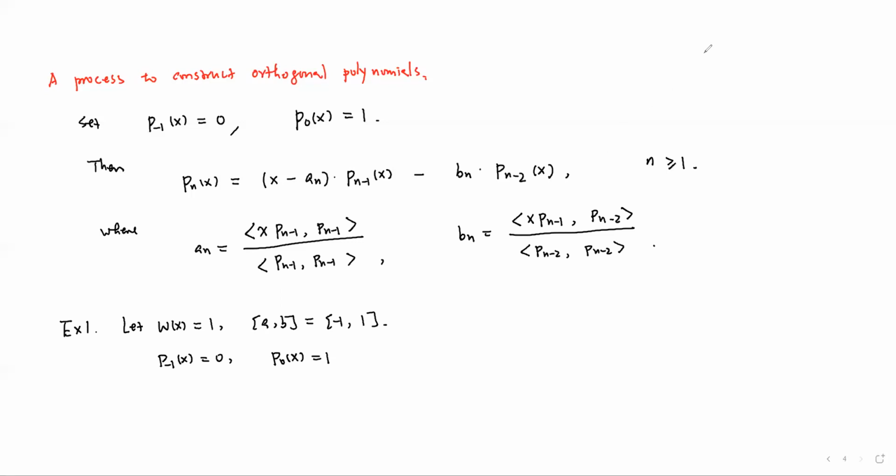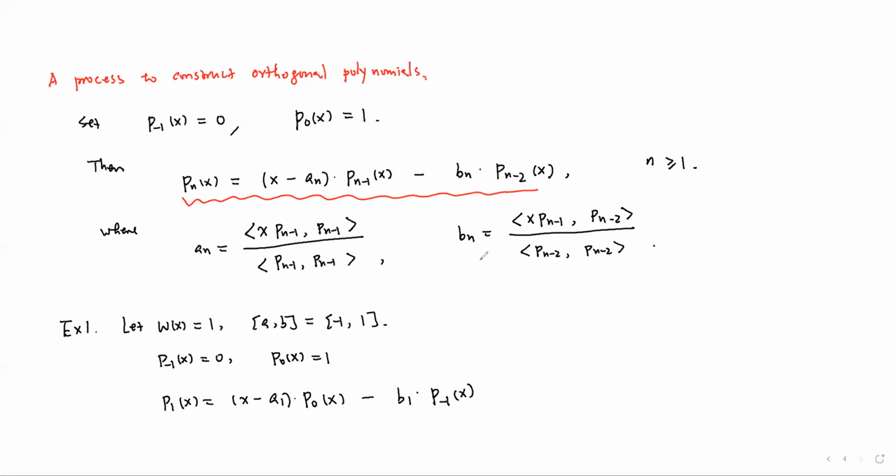Now from this equation, I have P1. P1 is equal to x minus A1 times P0, where n is 1, so n minus 1 is 0, minus B1 times P, n minus 2 which is negative 1.